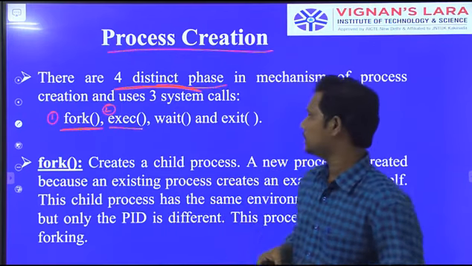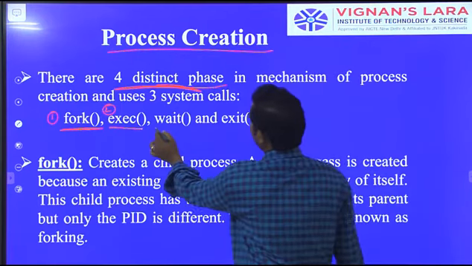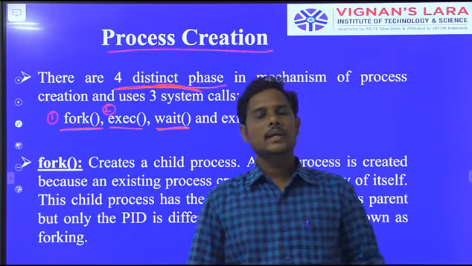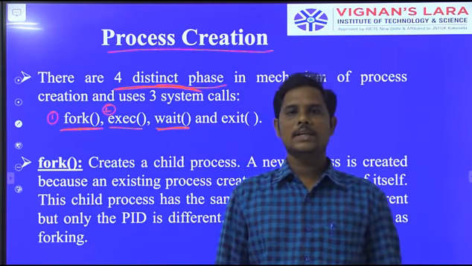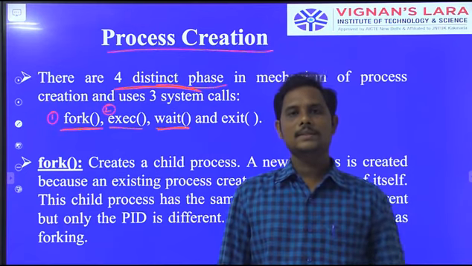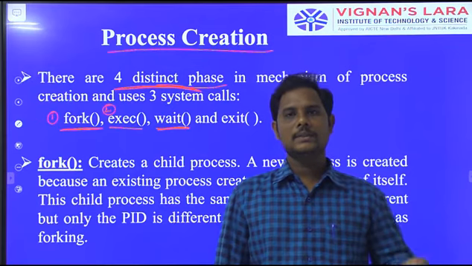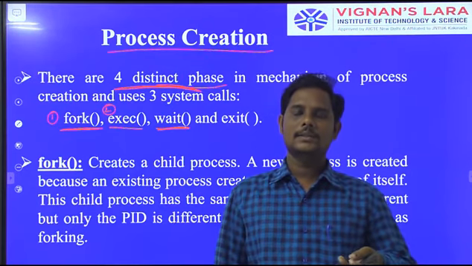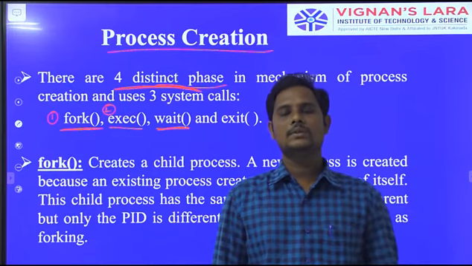Sometimes we have the waiting state. Why does the waiting state come? The processor does not create only a single process; multiple processes are executed. Some processes are in the starting stage, some in the middle stage, some in the execution stage.